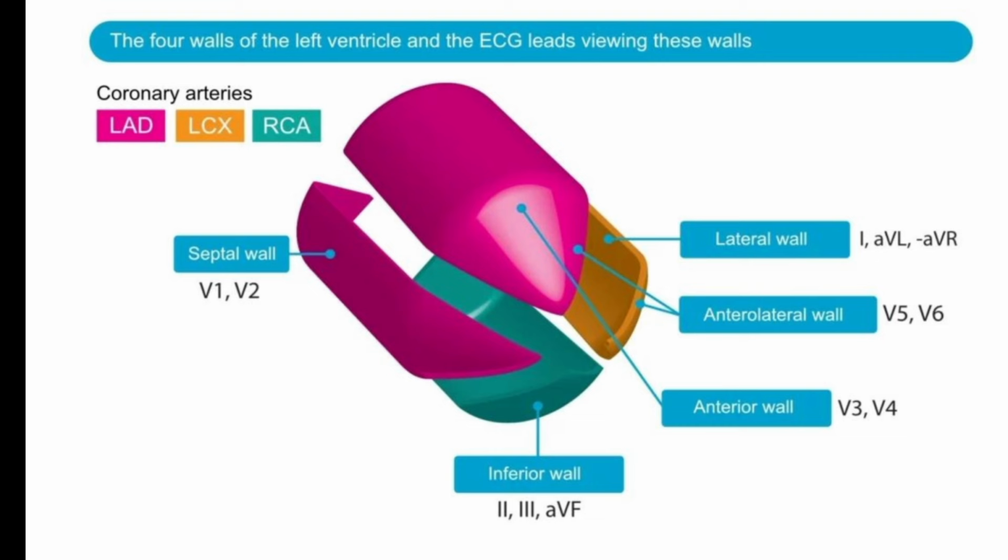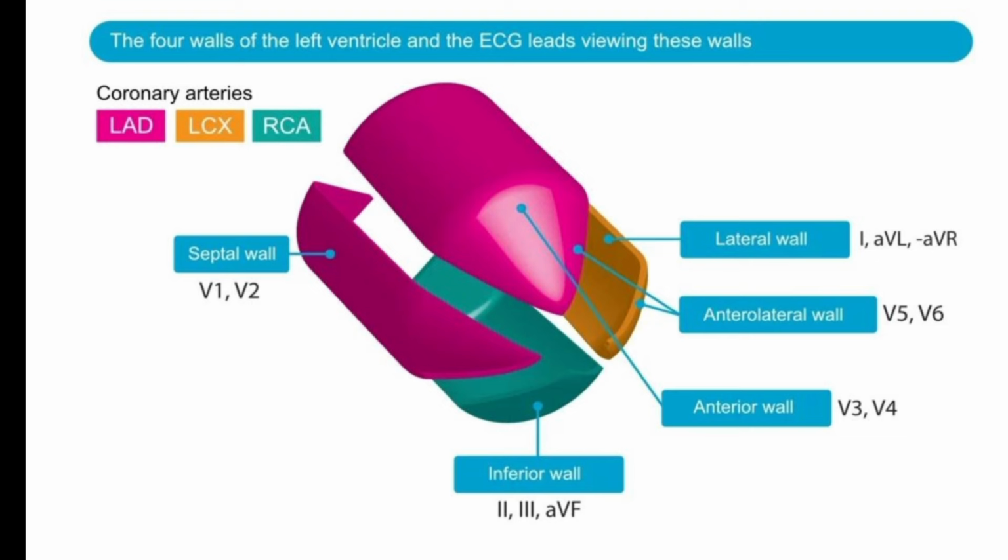You can easily remember it by the placement of the leads. V1 and V2 are placed at the fourth intercostal space at both sternal edges, so they denote the septal wall. Then V3 and V4, the next precordial leads, denote the anterior wall of the heart, and V5, V6 denote the anterolateral wall.